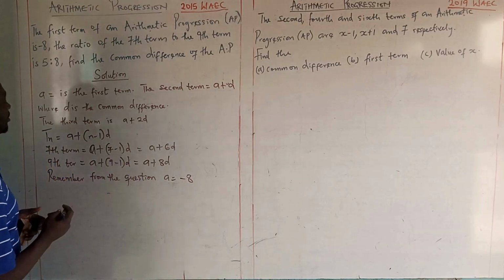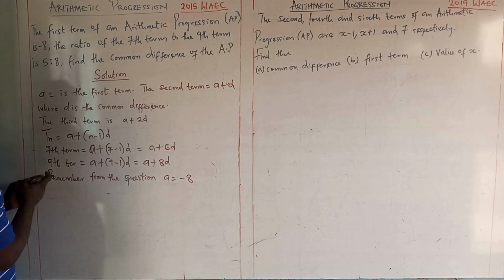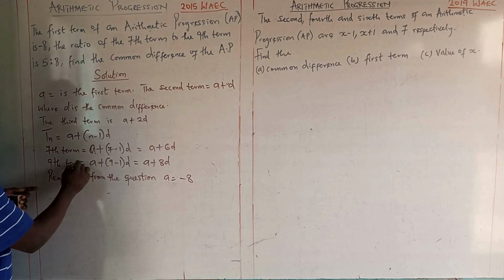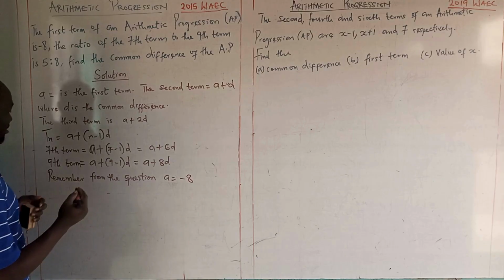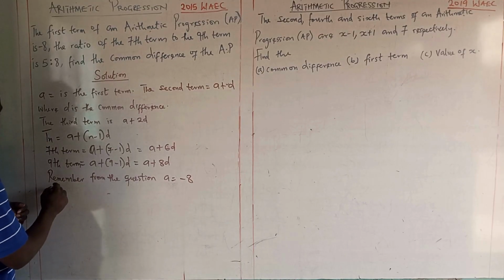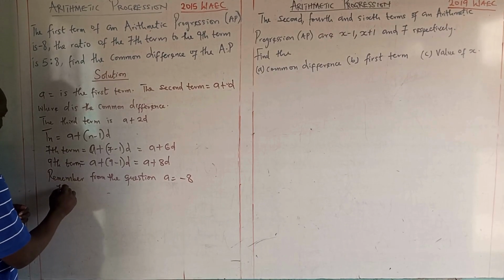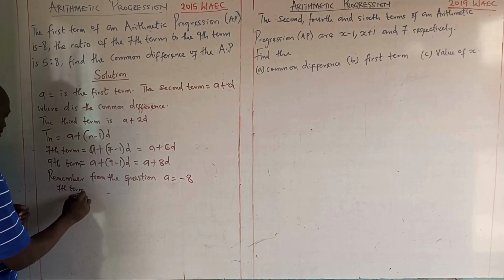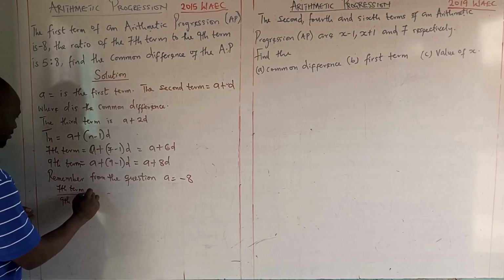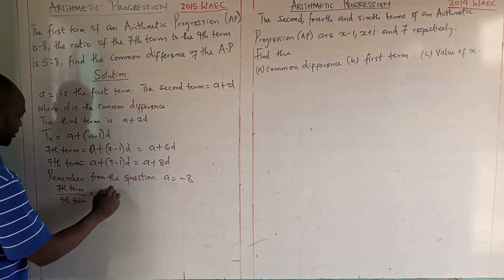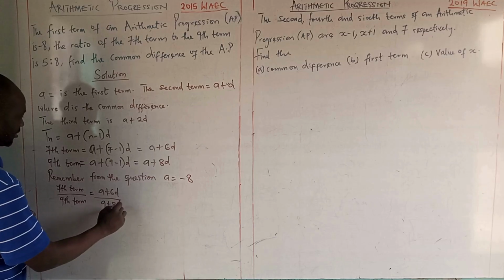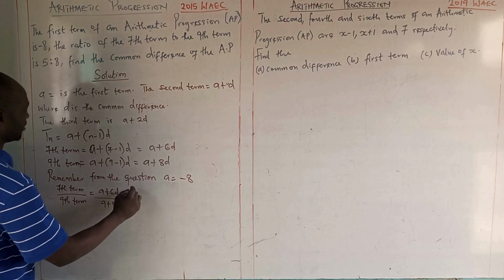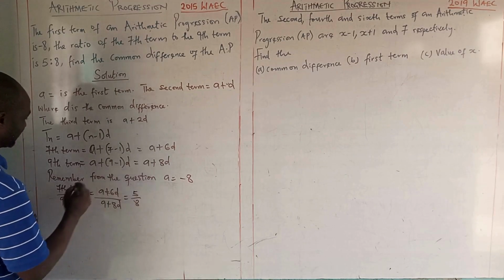Now, let's put the 7th term and the 9th term in ratio form. Remember, ratio is also fraction. That means 7th term ratio 9th term will be A plus 6D over A plus 8D, which is equal to the ratio 5/8.